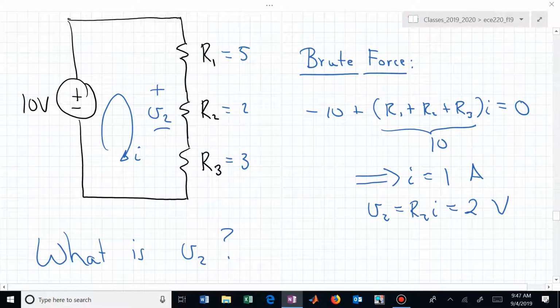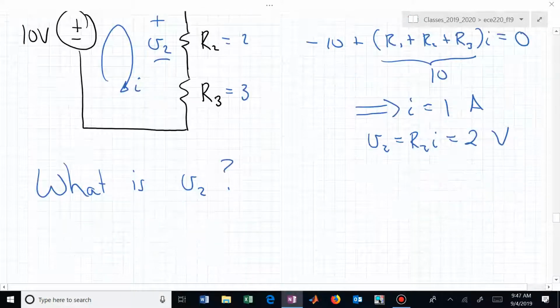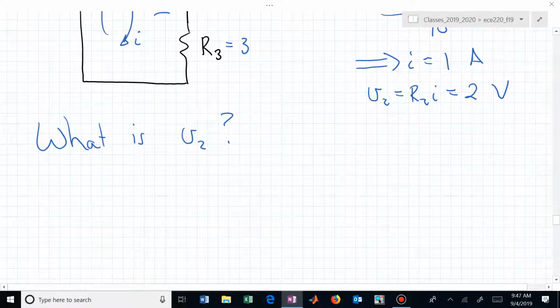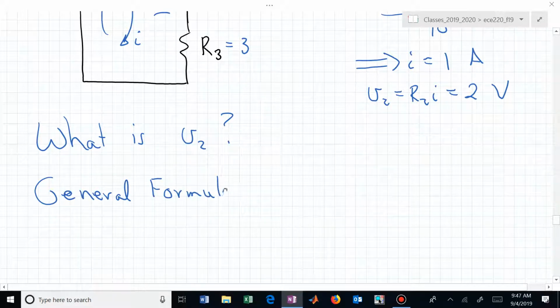But we can actually provide a general formula when we have this string of resistors, a general divider formula.